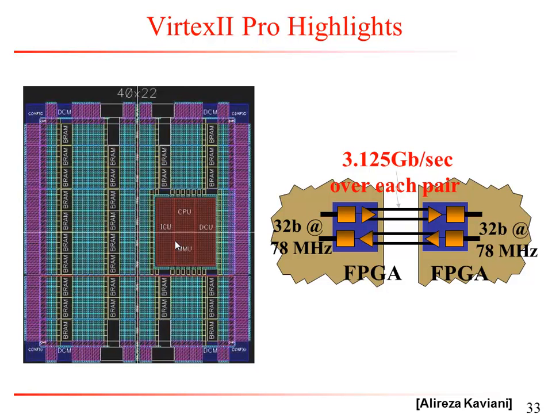The other thing that they did was they started embedding processors in them. These are actual microprocessors, very simple microprocessors that they put in here, and you could have as many as 4 of these microprocessors in there, and then you can run Linux on this and have some of the more specialized circuits that you want to run faster here.